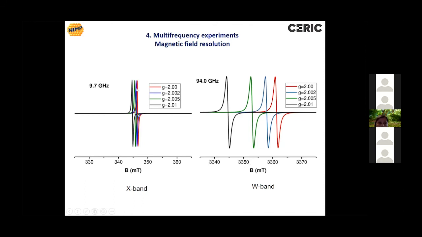And you can see that if the line is a little bit broader in the X band, you wouldn't see the two different spectra when you have these g values, while you have quite a considerable distance between the lines in the W band. Therefore, you can identify and distinguish centers which have very close g values. It's important when you have many types of radicals in your sample.